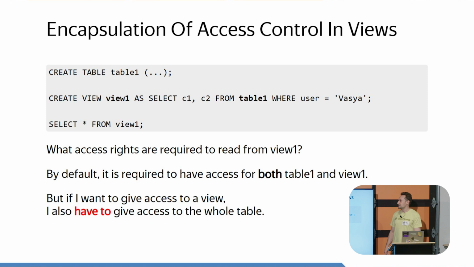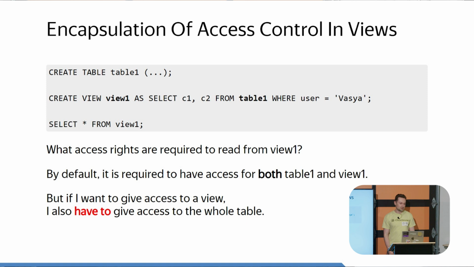Another interesting feature is advanced access control for views. Let's imagine a scenario. You have a table with a lot of data. And you create, we can say, a data mart or data catalog. Let's just say a view, it is easier to say. You create a view representing a subset of this table.